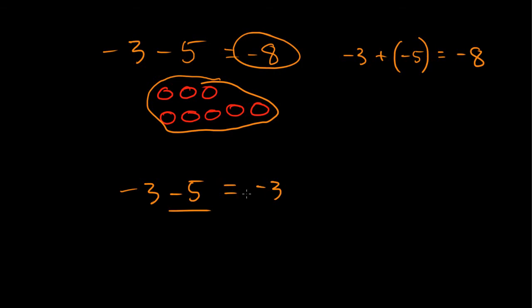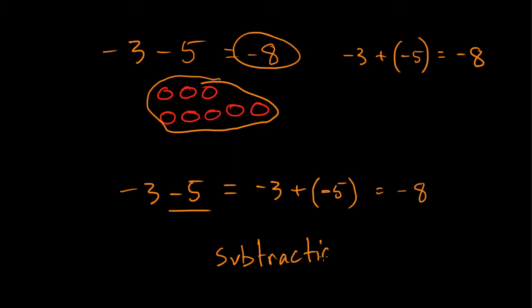So I started with negative 3, and then instead of subtracting, I'm adding, but I'm not adding 5 now. Now I have to add negative 5 to do the same thing as subtracting positive 5. So when we think about subtraction, we're thinking of adding the opposite. That subtraction is really just the opposite of addition.